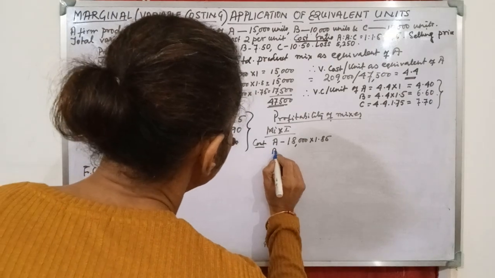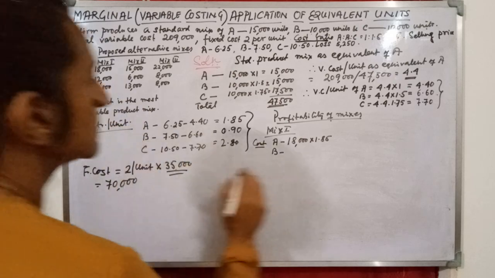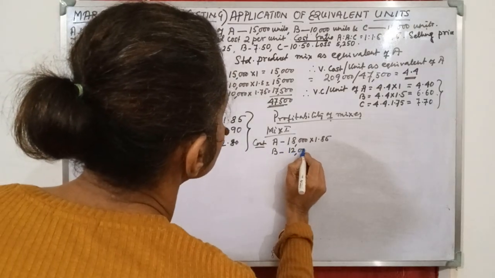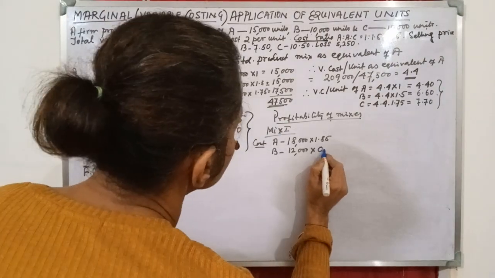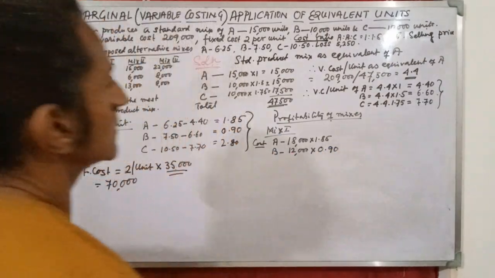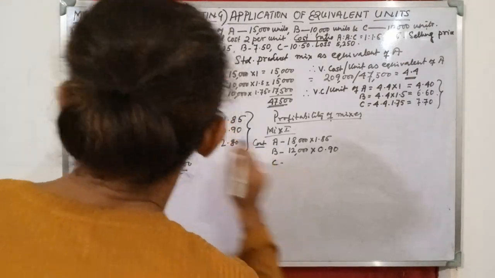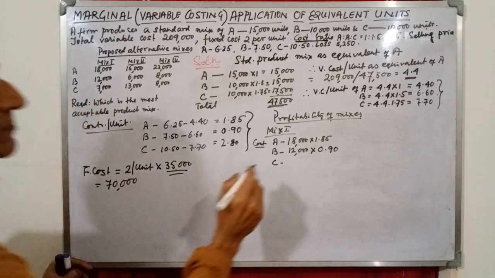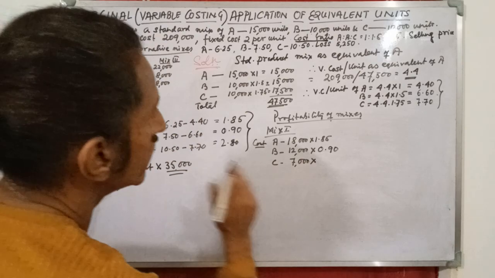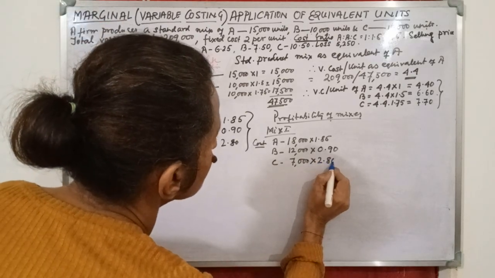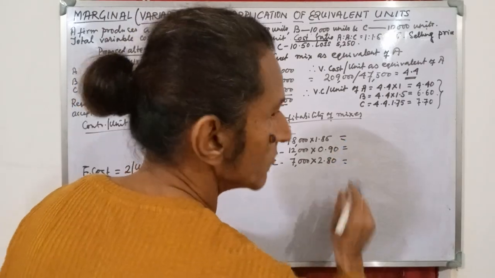Total contribution of B in product mix 1 is 12,000 into 0.90, and total contribution of C is 7,000 into 2.80. Let us see what we get.